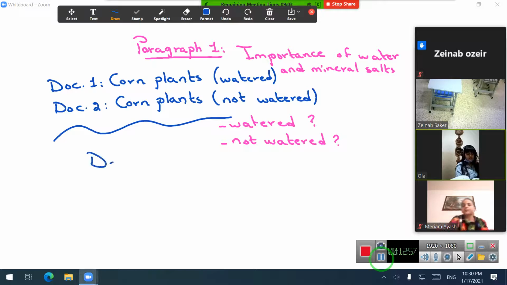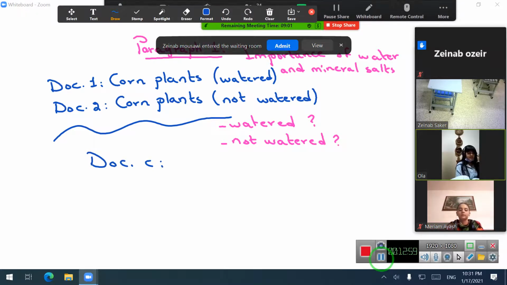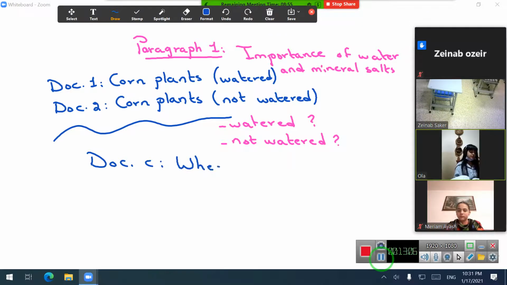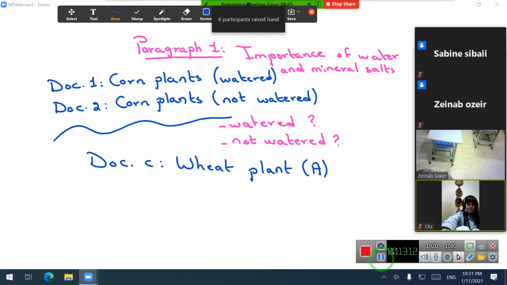So in document C, now I have also a wheat plant in medium A, which has minerals.